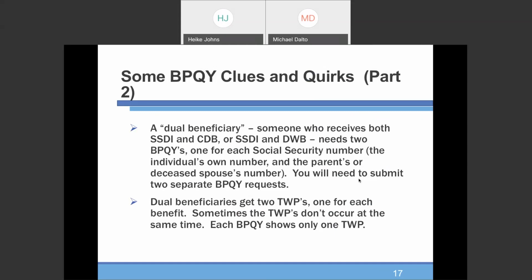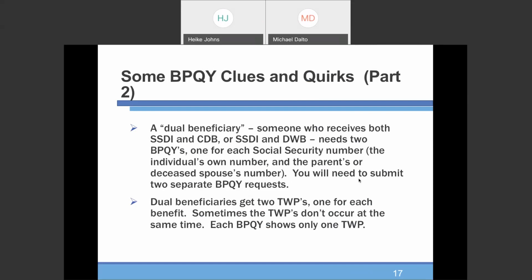Now, a dual beneficiary will have two trial work periods, one for each benefit. And depending on when they became entitled to each benefit and when they worked, their trial work period usage may be different. Suppose they got one benefit sooner and used up some trial work period months, and then they got the other benefit later.